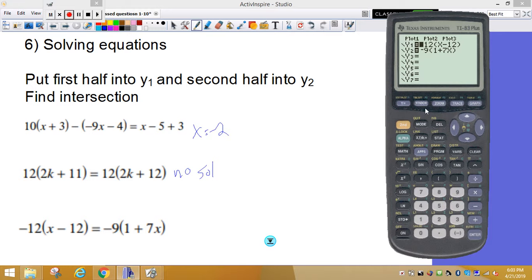So zoom 3, enter. Still can't see where they cross, so I'm going to zoom out again. Zoom, 3, enter. Alright, I think that's good enough. Let's try it. Second trace. Their intersection. Enter, enter, enter. I got it. X is at -3.